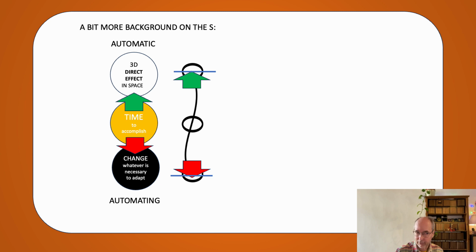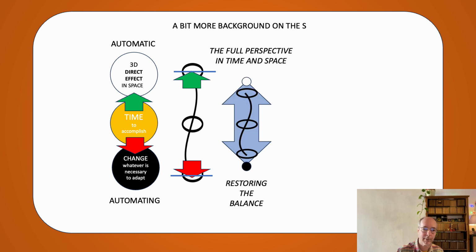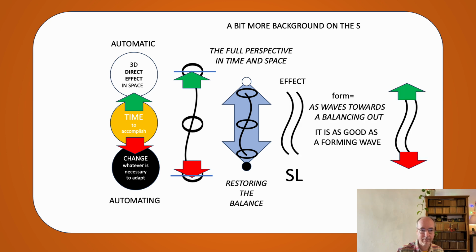I tell you this because sometimes it helps you to analyze words if you know that this will always happen. This structure, this background will always happen. So it always is having this full perspective in time and space, and you will try to restore a balance there. The effect of S plus L will of course also be that L is the two-dimensional frame of that something is forming itself.